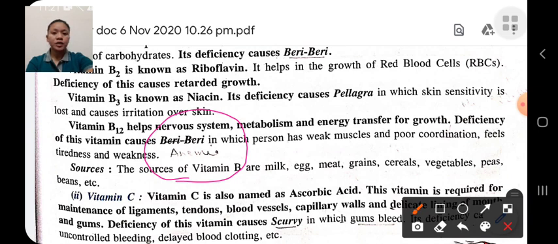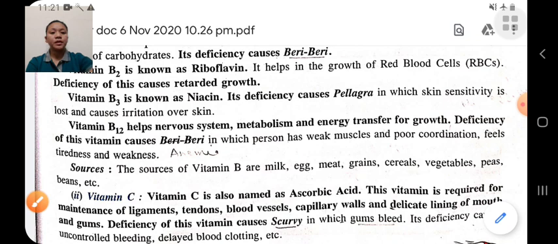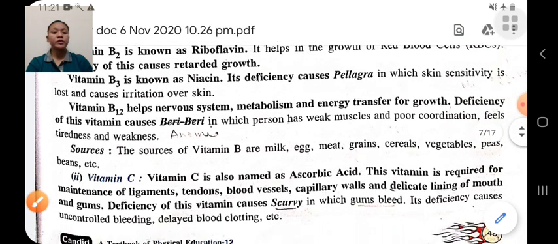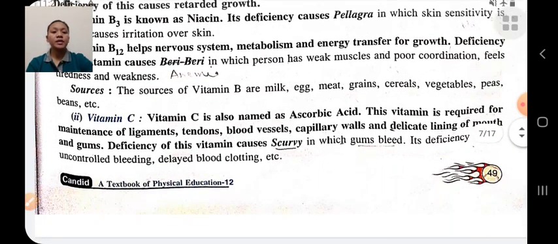Deficiency of vitamin B1 causes beriberi, and deficiency of vitamin B12 causes anemia. The sources of vitamin B are milk, egg, meat, grains, cereals, vegetables, peas, beans, etc.